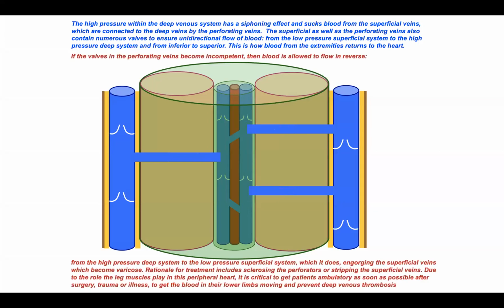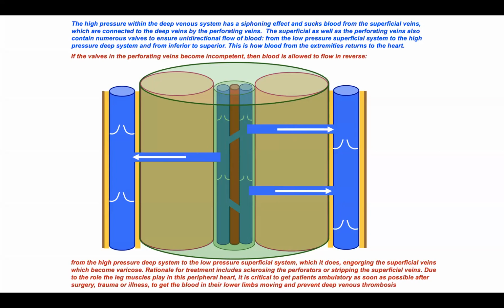Now what happens? People have problems with these valves. Can you see that these valves disappear? These are called perforators. Now when there is a contraction, the venae comitantes are compressed, so they are squeezed and send blood outwards rather than upwards, towards the superficial veins.